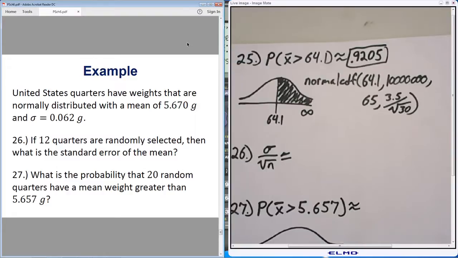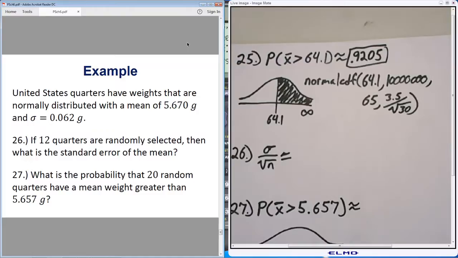Here's a new setup and a few more of these types of examples for you to review. The United States quarters have weights that are normally distributed with a mean of 5.670 grams and a standard deviation of 0.062 grams.